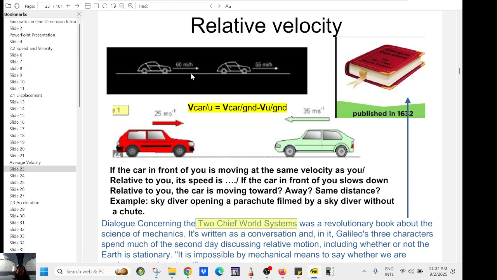You subtract. I don't know if you notice, when you are driving really fast and another car is driving but not as fast, from your perspective, it's like the car is moving towards you. It's getting closer and closer. So the relative speed in that case will be 5 if they go in the same direction. Here, it will be 60 because they're going to meet in a shorter time.